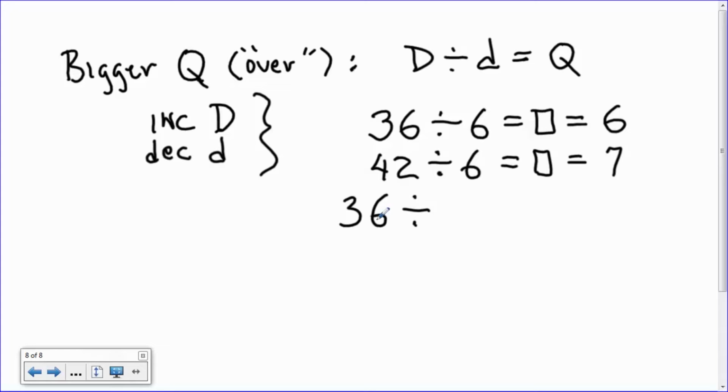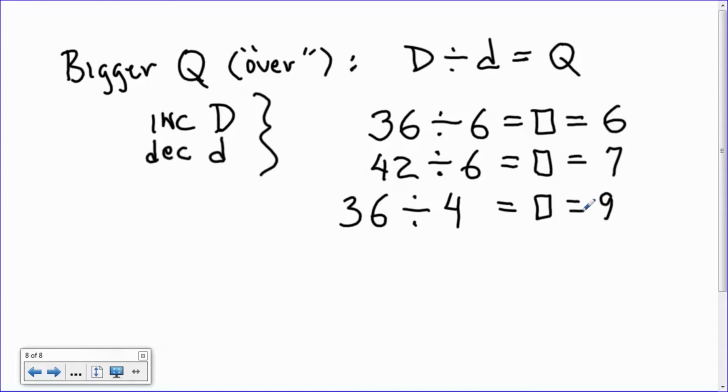So instead of keeping the 6, let's pick a smaller divisor, but I'm going to pick one that divides into 36 evenly, so I'm going to pick 4. And 36 divided by 4, because I picked a smaller divisor, then I can put more objects out of the dividend into each of the groups, and that is 9.